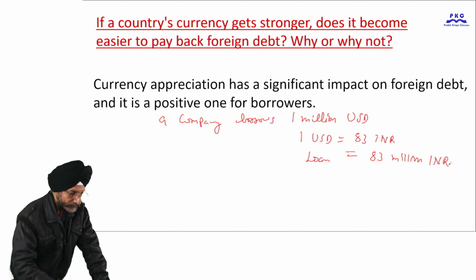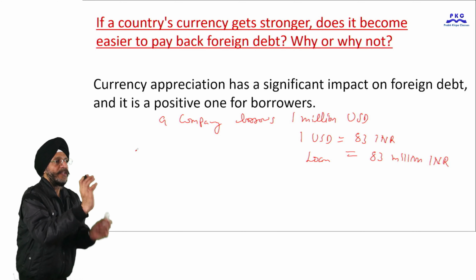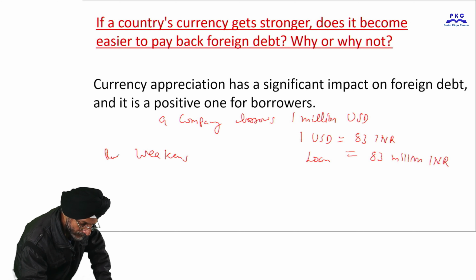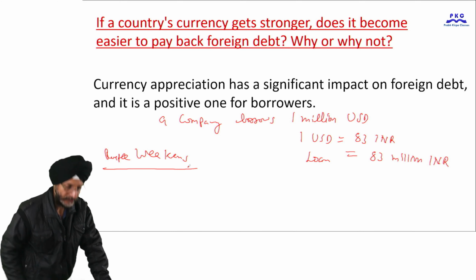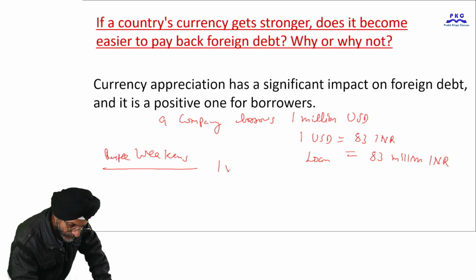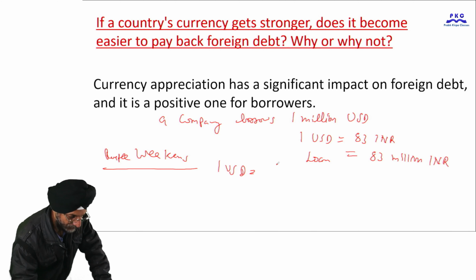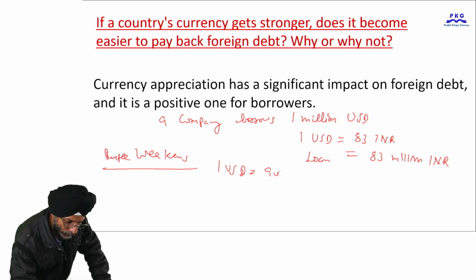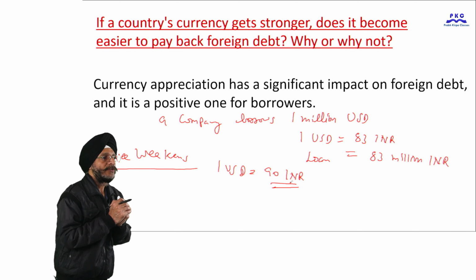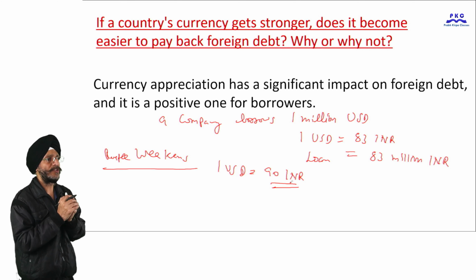If the Indian rupee weakens, suppose it becomes 90 Indian rupees equal to $1. So what is the situation?